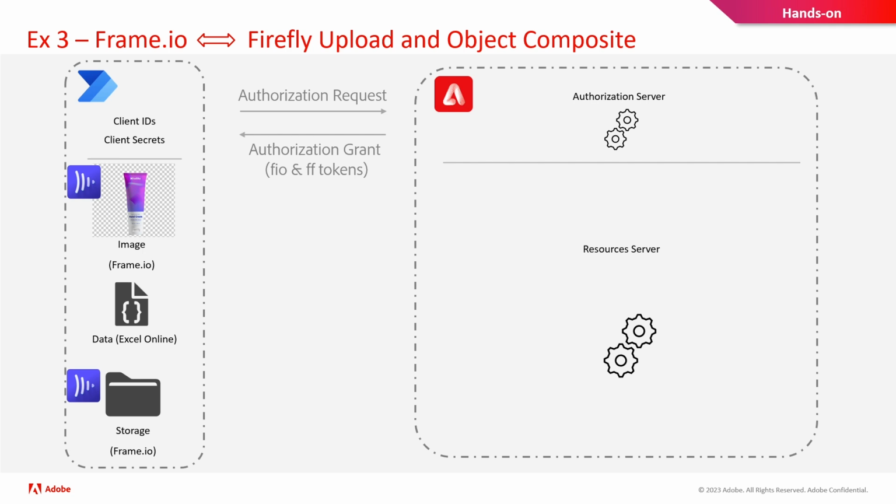So instead of Firefly services doing polling, it'll be waiting for an event to happen. When someone clicks on an item and it triggers an event as a webhook to Firefly, Firefly will then process the event. In this case, it will call this Frame.io API to find out what this item is and upload it to the Firefly services.